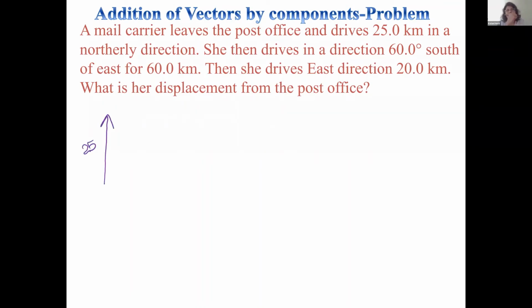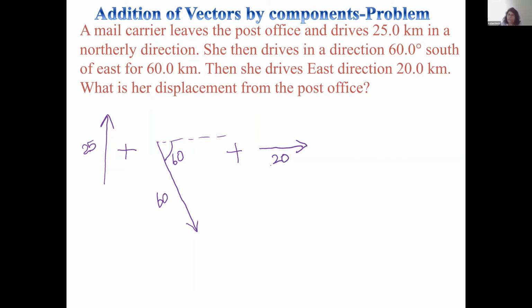Okay, and then she decided to travel in the direction 60 south of east. South of east means 60 degrees from the east. That means you have east somewhere here, and 60 degrees from that, she decided to go 60 kilometers, right? And then she decided to travel in the east direction 20. So that's a small one. So 20 to the east.